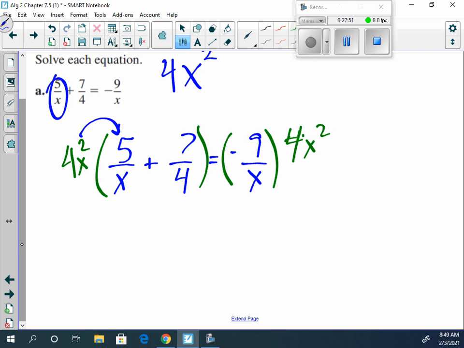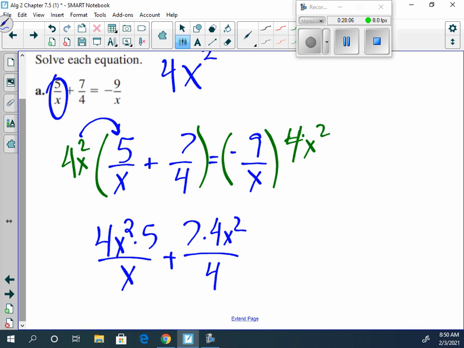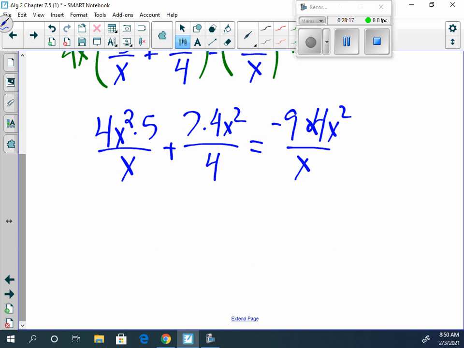Let me just go on and write it. So we'd have 4x squared times 5 over x. Well, one of those would cancel, yes? And I'd have an x left on top. Plus, we'd have 7 times 4x squared. Well, 4 and 4 would simplify, yes? And over here, we'd have -9 times 4x squared over x.